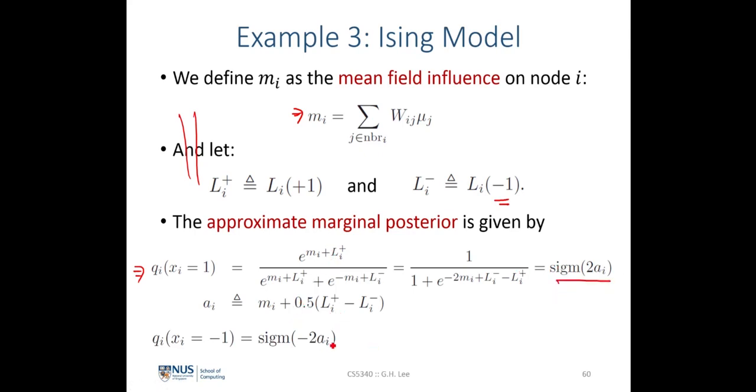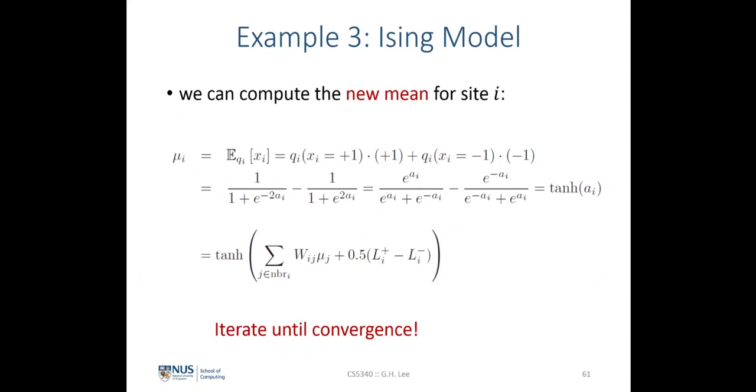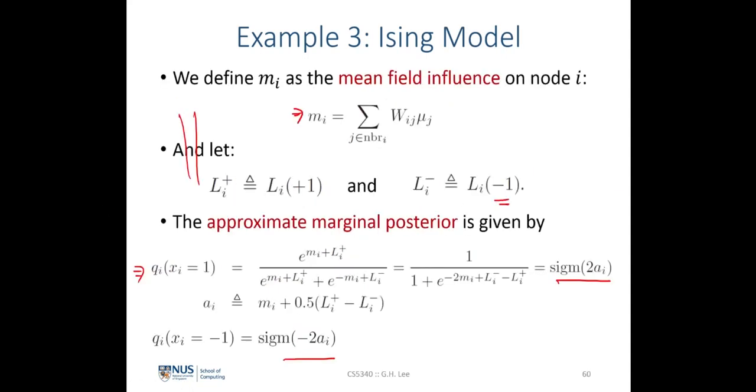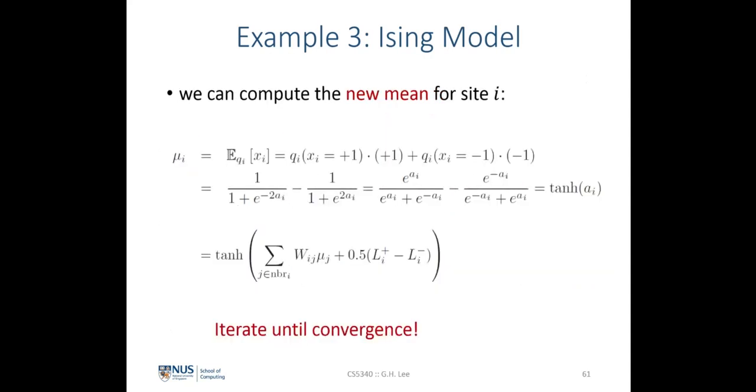We can see that it takes a sigmoid expression. Finally, once we have computed q of xi, we can update the new mean for the pixel i: mu i equals the expectation of x over the proposal distribution qi, given by this particular expression, and we iterate between the two steps until it converges.